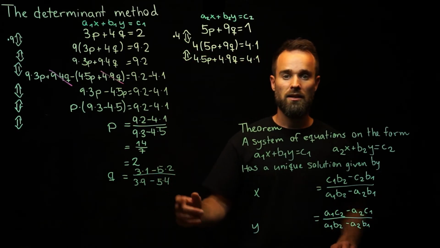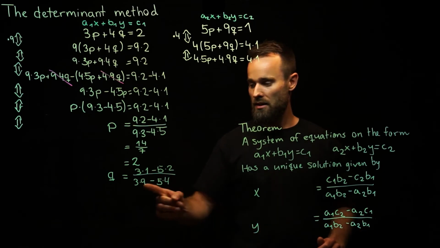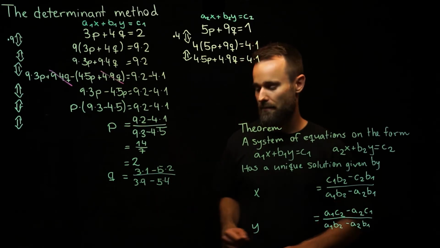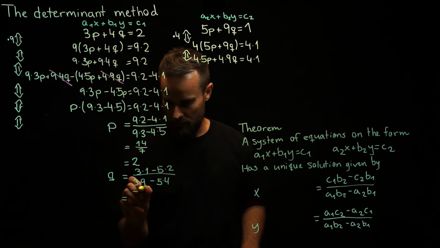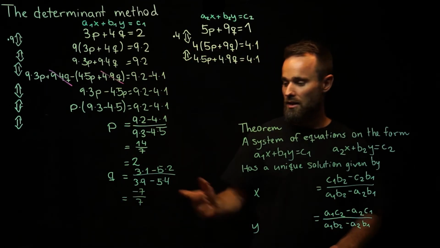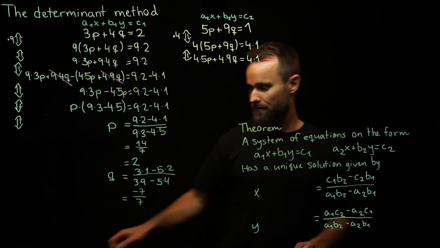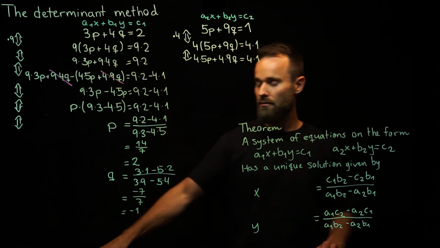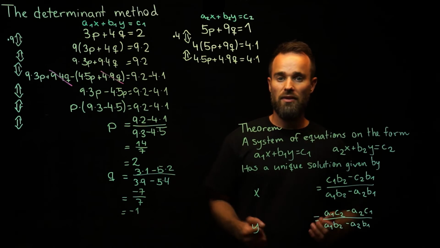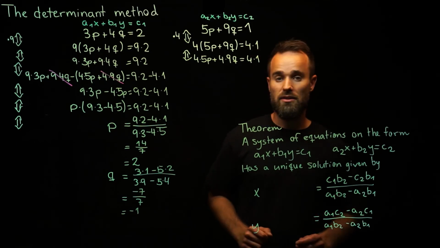Three minus 10 is negative 7, and the denominator equals 7. Negative 7 divided by 7 equals negative 1. We can check the values in the original equations.